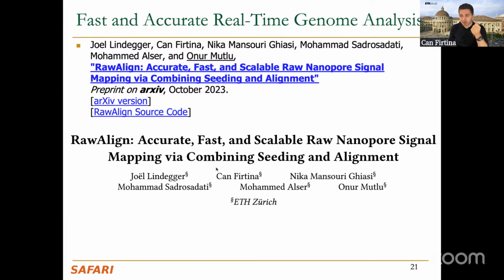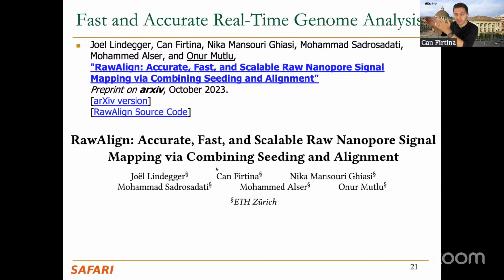identify the exact nucleotide differences between a read and a reference genome, for example. But you're not base calling the electrical signal. So how do you identify the base difference using the electrical signal? So we developed alignment algorithms that align the electrical signal to a reference genome and still identify these differences.